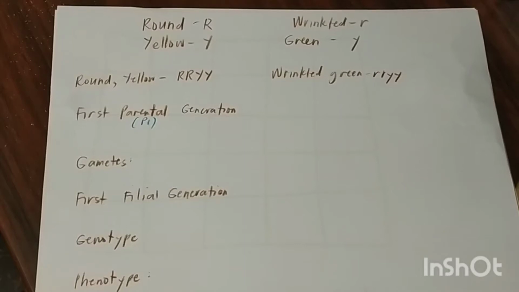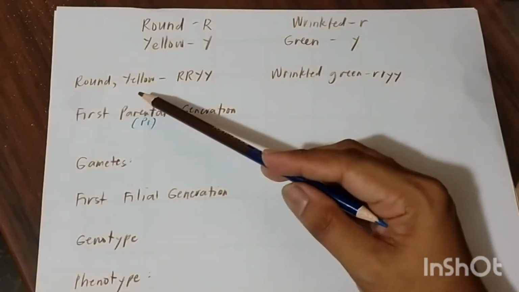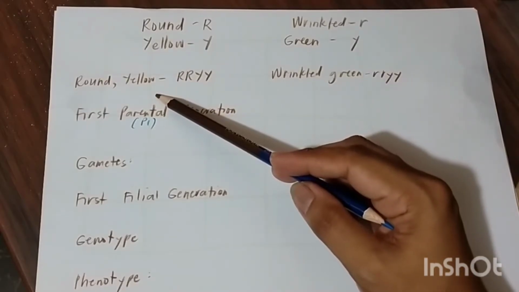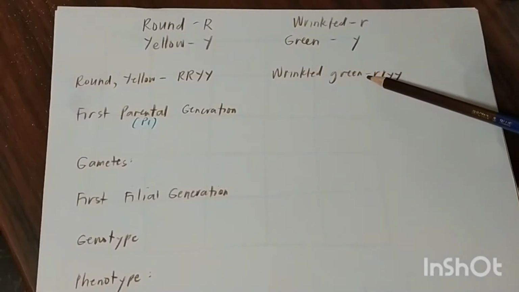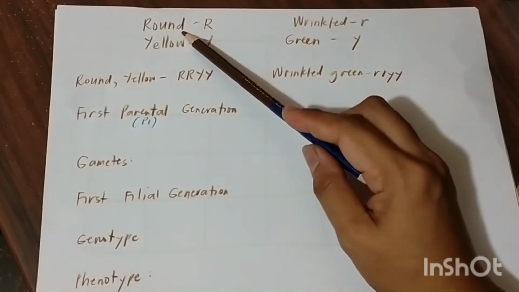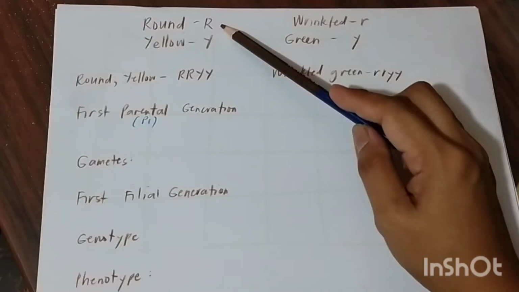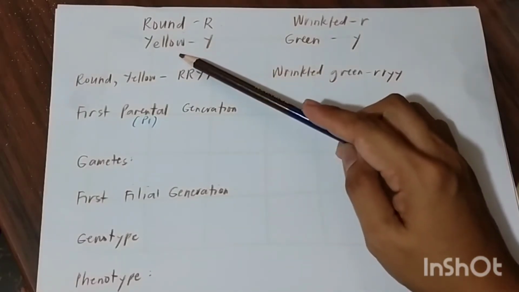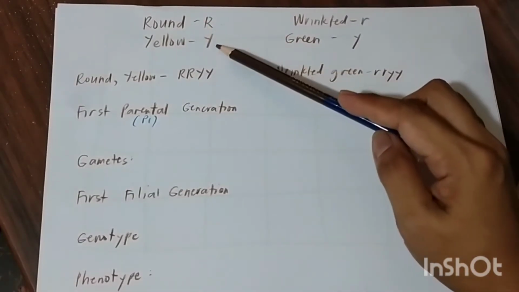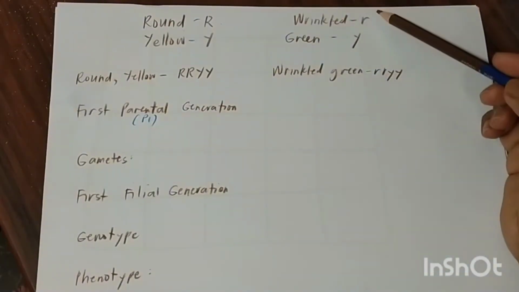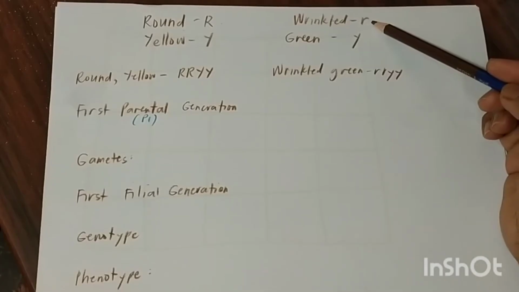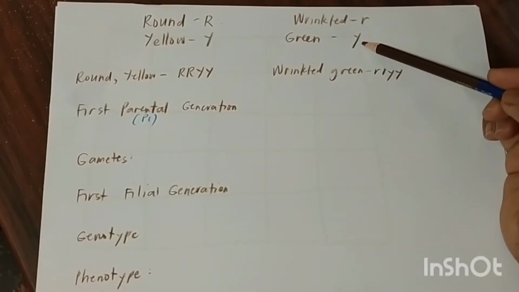So we will cross pure breeding plants with round and yellow seeds and wrinkled and green seeds. Since round is a dominant trait, we will use capital letter R. Yellow is also a dominant trait, so capital letter Y. Wrinkled is represented by small letter r since it is a recessive trait, and green is represented by small letter y.